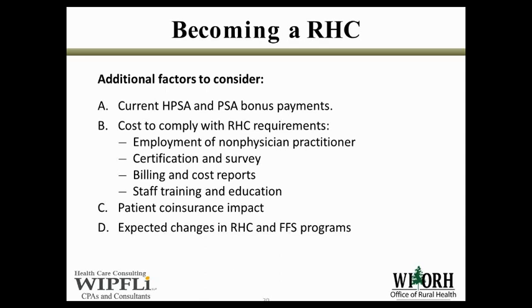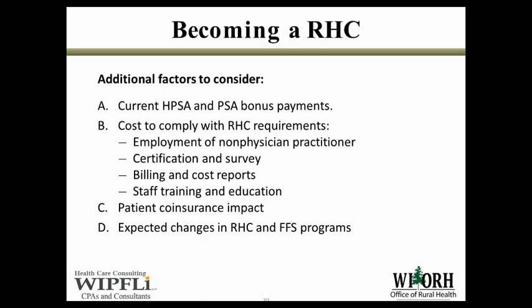For example, the requirement that the clinic employ a non-physician practitioner at least 50% of the time the clinic is open might mean the clinic would need to hire a non-physician practitioner or increase their staffing in order to meet that 50% requirement. Therefore, there may be an additional cost to meeting that requirement.